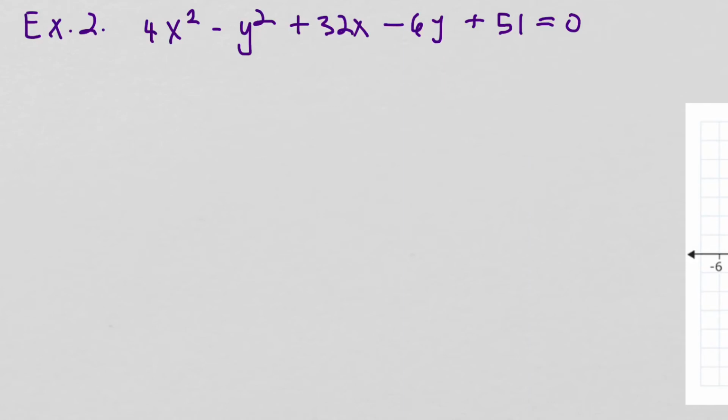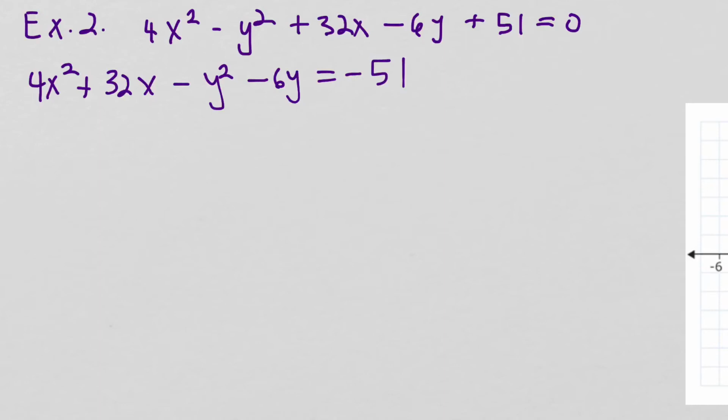All right, so I'm going to organize my equation. So let's put the x squared first, then the 32x, then the y squared, and the negative 6y, and the other term subtracted over to the other side. Now, another thing that I want to mention, which is also very important, is that sometimes you might be given the equation in an order where perhaps those first two terms were switched.